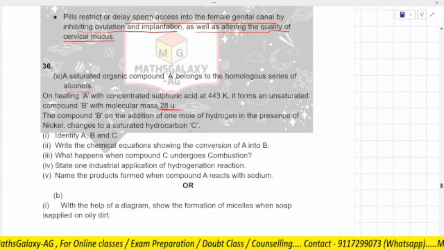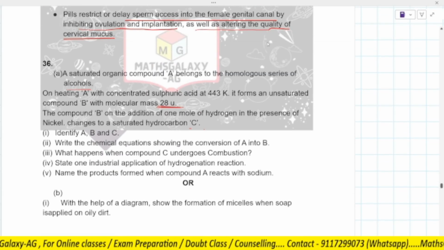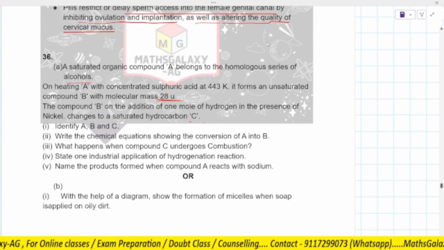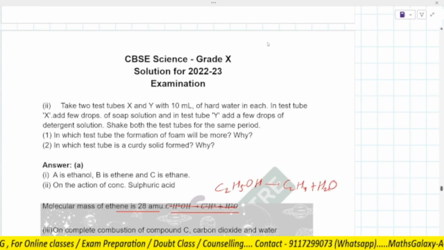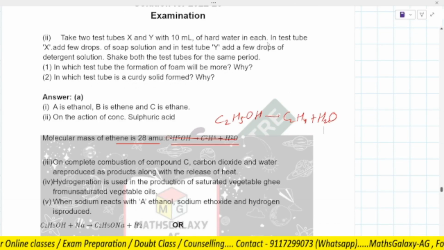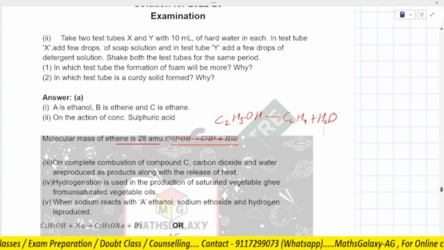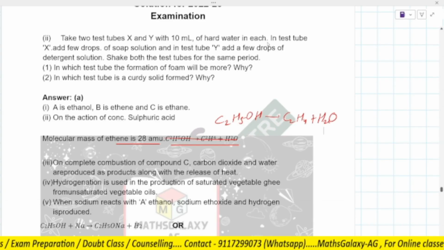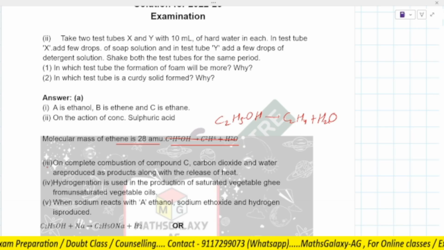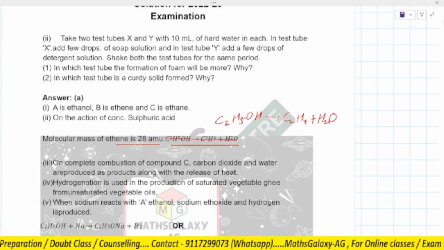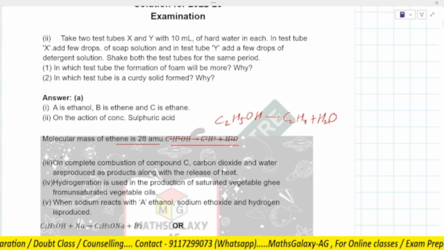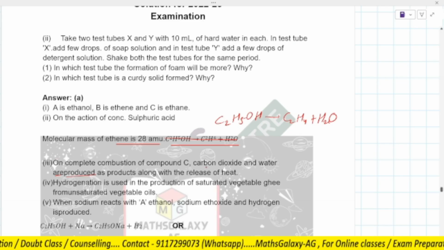Now after this, what happens when compound C undergoes combustion? On complete combustion of compound C, carbon dioxide and water are produced as products along with the release of heat.